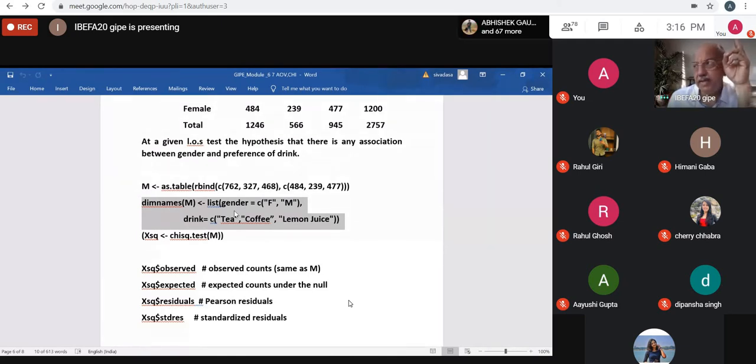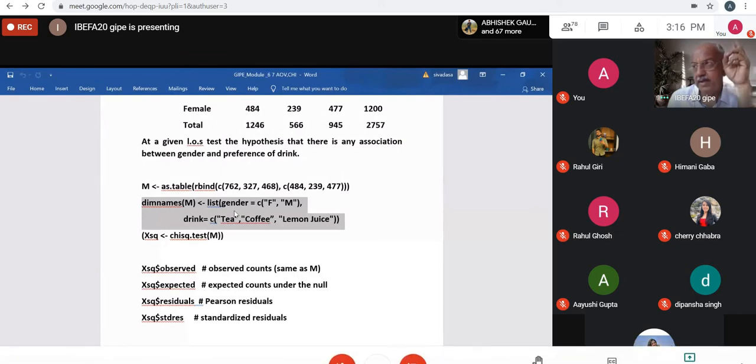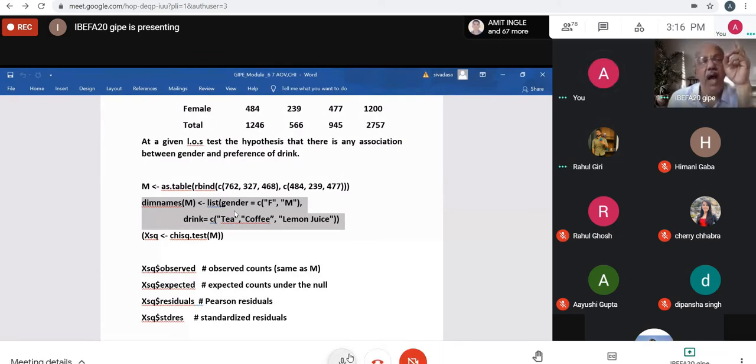Gender, correct? Yes, sir. So in the dimension, you give in that order. Rows will be tea, coffee, lemon juice, and columns will be gender. Try it and see afterwards. Okay, sir. Sure. I'll give it a try. Only this will be the data.